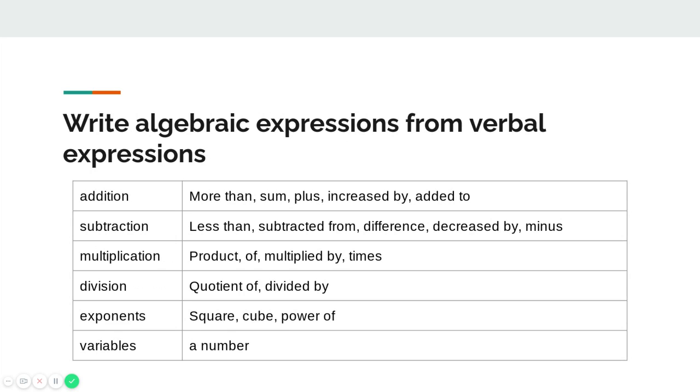If you see a phrase that says less than, subtracted from, difference, decreased by, minus, we're referring to subtraction. Multiplication would use words such as product, of, multiplied by, times. Division would use things such as quotient of, or divided by.